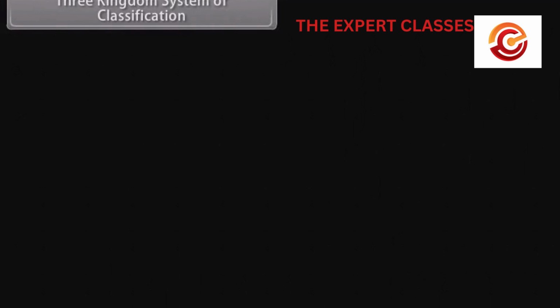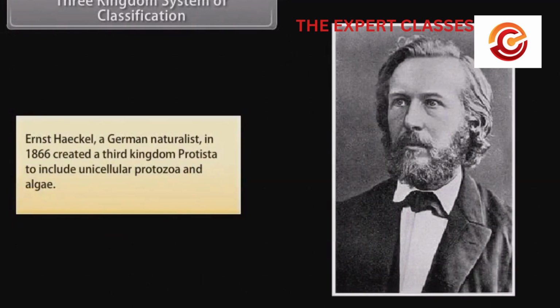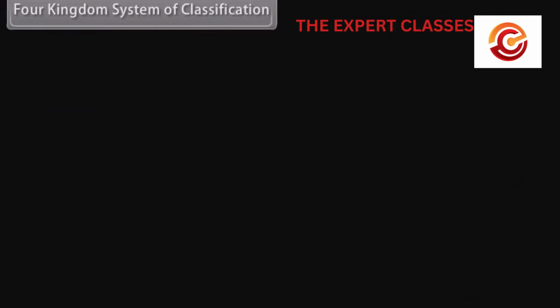Three-kingdom system of classification. Ernst Haeckel, a German naturalist, in 1866 created a third kingdom, Protista, to include unicellular protozoa and algae. Four-kingdom system of classification.